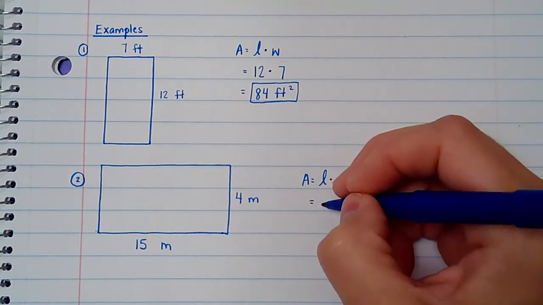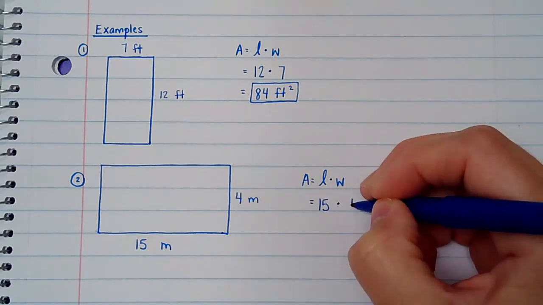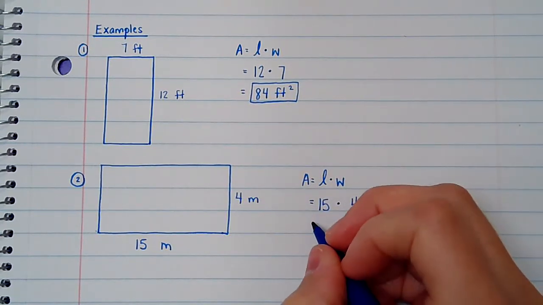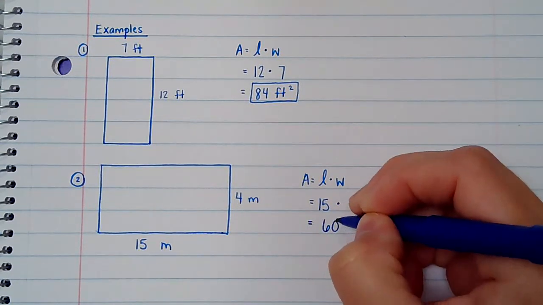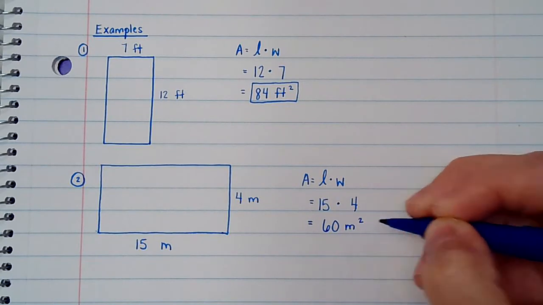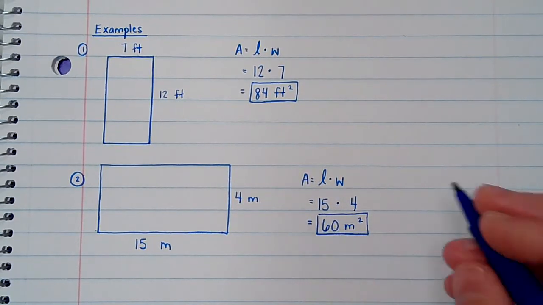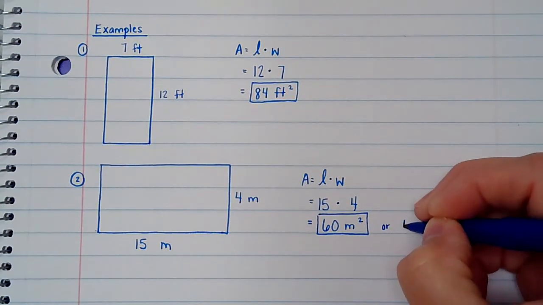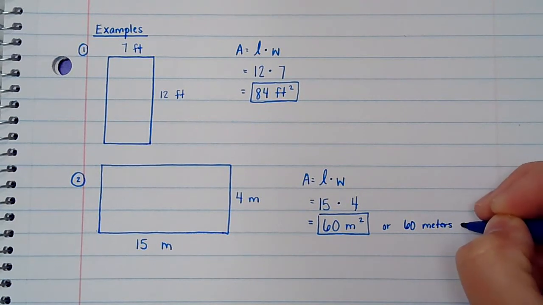All right, my length, we'll say, is 15. My width is 4. If I multiply 15 times 4, I get 60 meters squared. All right. You also might see it written as 60, like literally written out.